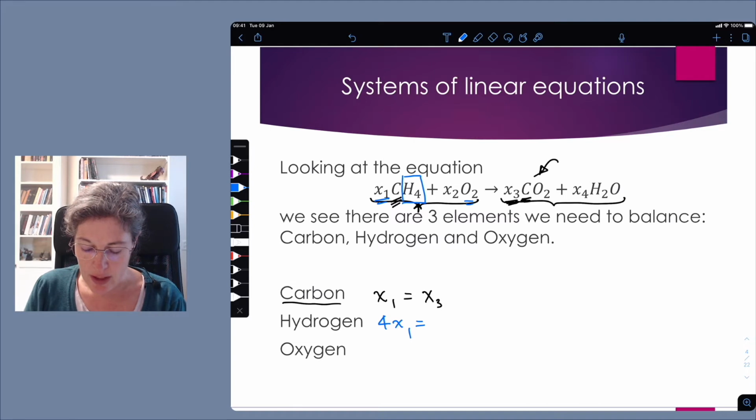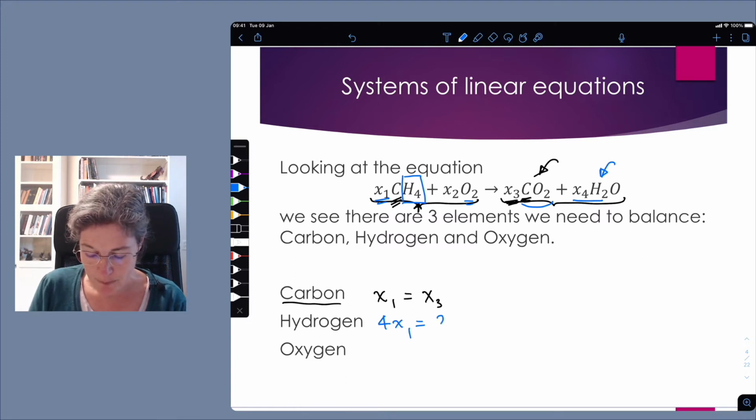We don't have any hydrogen from our carbon dioxide, but for every molecule of water that we have, we get 2 atoms of hydrogen, so in total we'll get 2 times x4 hydrogen atoms on the right-hand side. And because we want them to balance up, here we go, we've got an equation there.